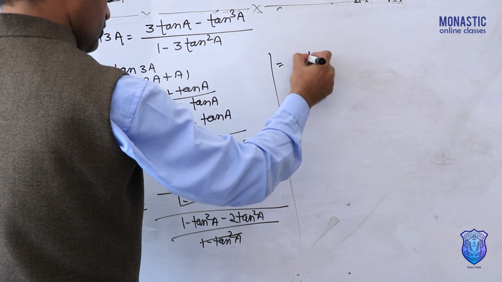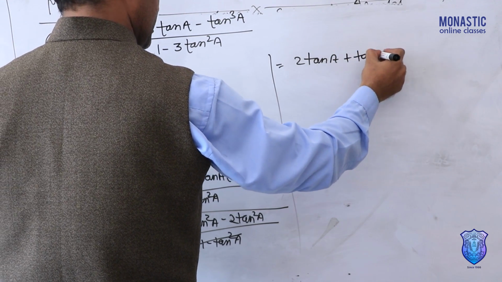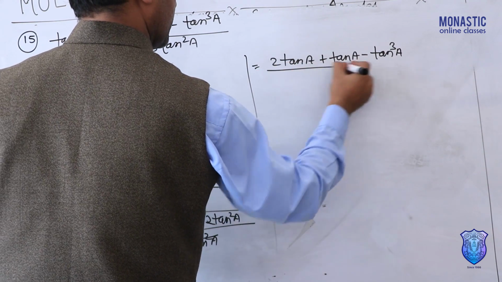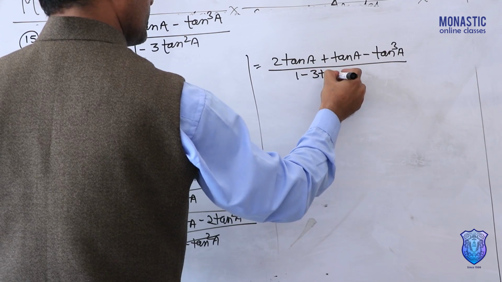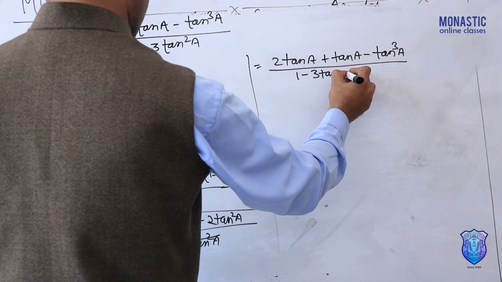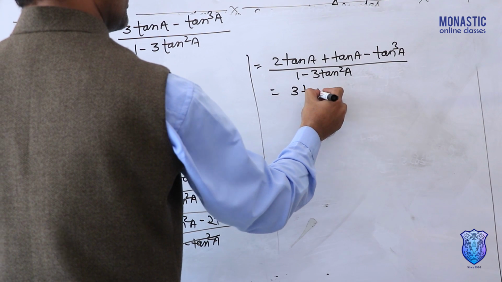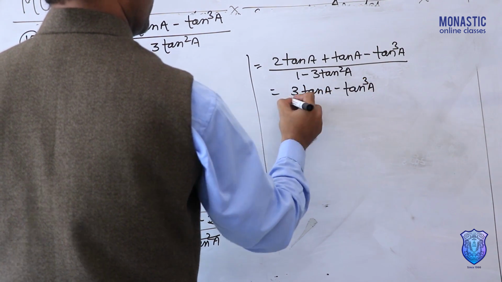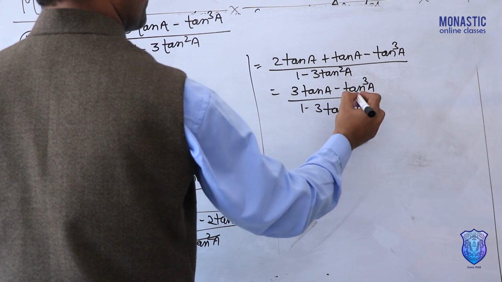It came 2 tan A plus tan A minus tan cube A by 1 minus 3 tan square A. That is 3 tan A minus tan cube A by 1 minus 3 tan square A.